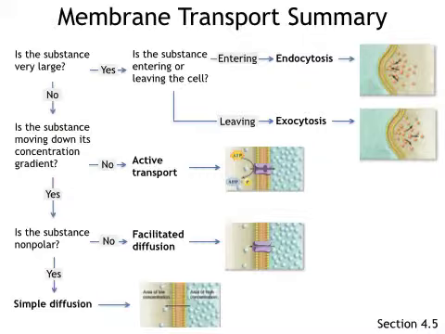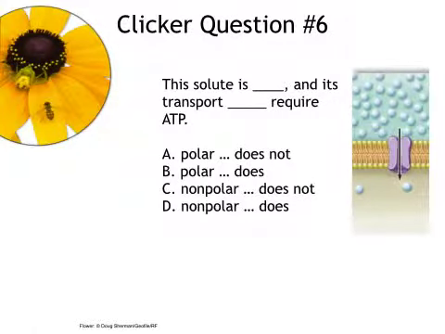But this is all about how cells move things in and out of the cell membrane. And the key thing here is that enzymes are being used in active transport to pump things across or against their concentration gradient.